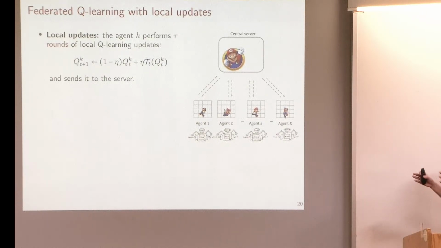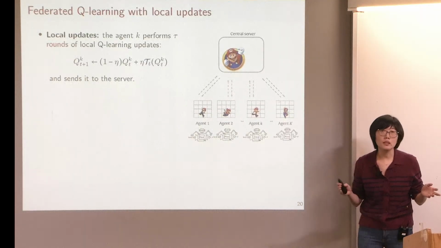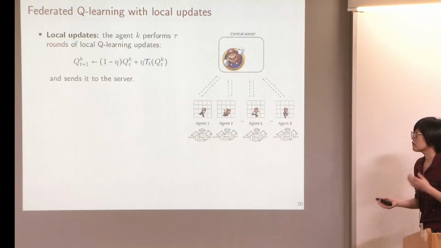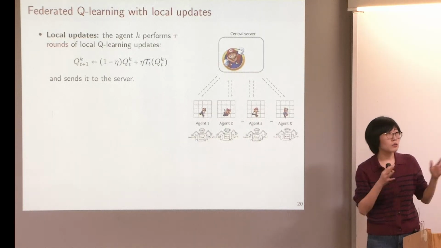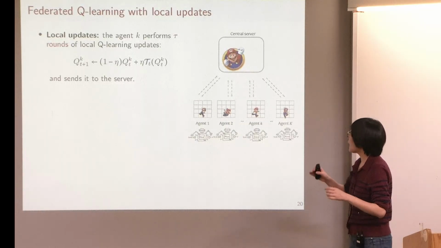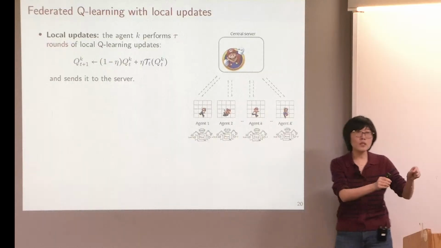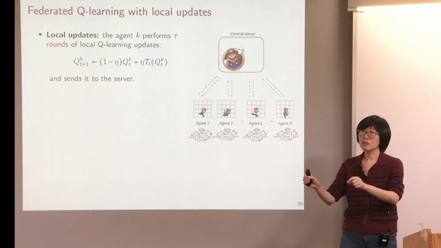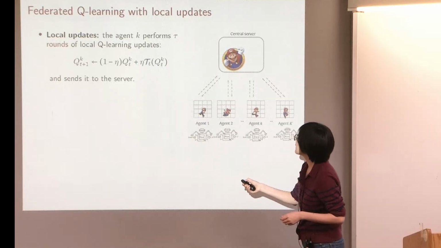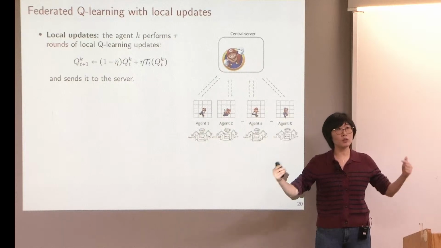So let's start with maybe the most natural variant of Q-learning in this kind of federated setting. And this is very similar to the way you may want to run, say, local SGD. The idea is that I will have a bunch of agents, and each of the agents will have their own simulators in place. Locally, they just run this local Q-learning update for a number of local rounds.